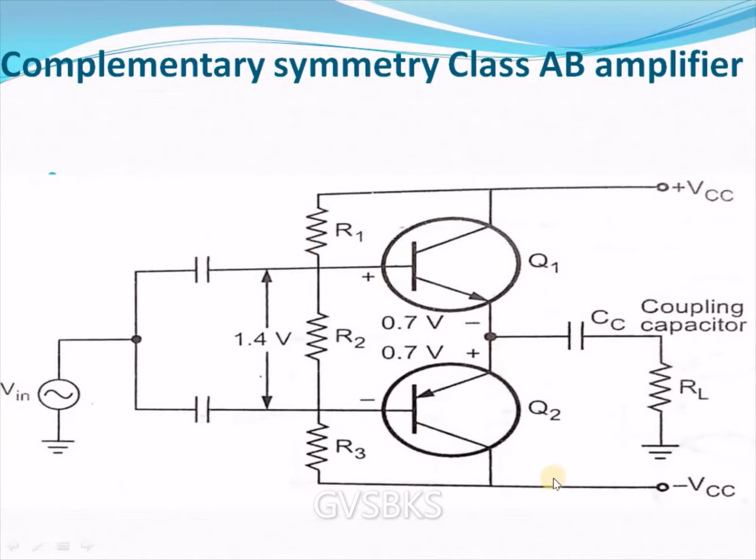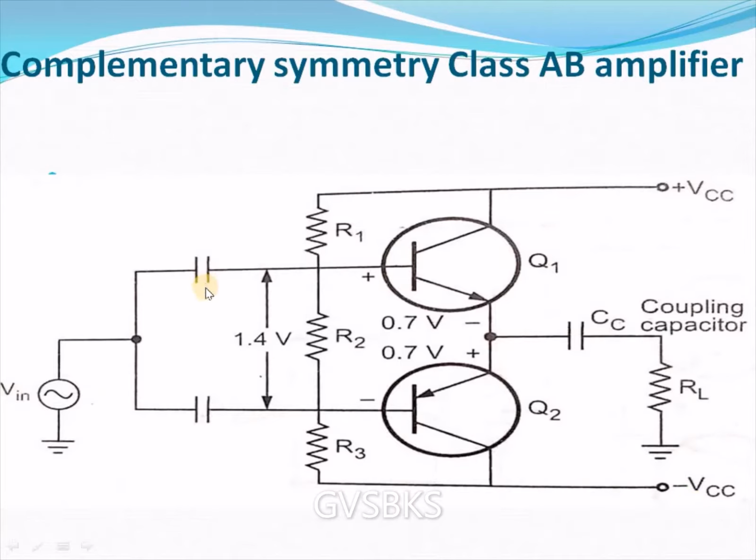So this is the circuit for the complementary symmetry class AB type of power amplifier. We are using one voltage divider network here. From VCC, R1, R2, R3 form the voltage divider network. Here we are using two supply voltages, one is plus VCC, another one is minus VCC.